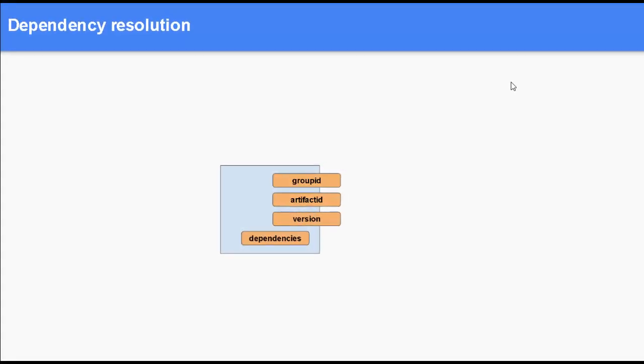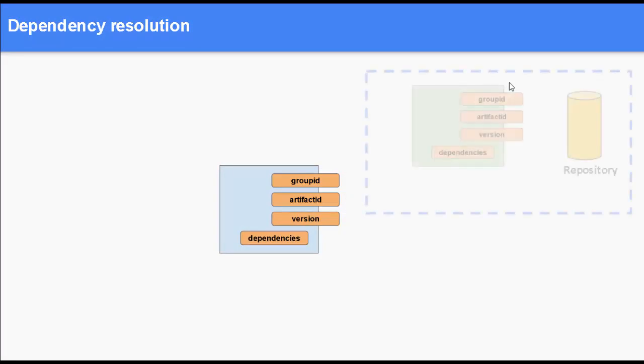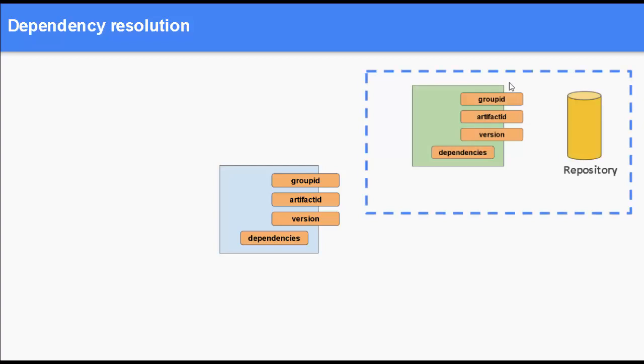So, as I explained earlier, this is how dependency resolution works. Suppose I have a project. I have my GAV or Maven coordinates defined. I have my dependencies. Now there is a remote repository or a central repository. There I have different projects, like I showed the Apache Commons project, right? It is there. So what will happen? In the dependencies, I have the Maven coordinates defined.